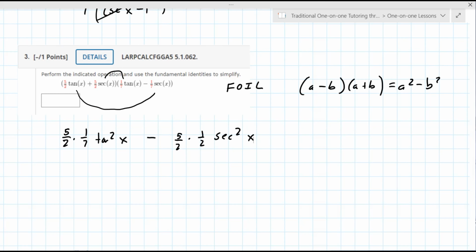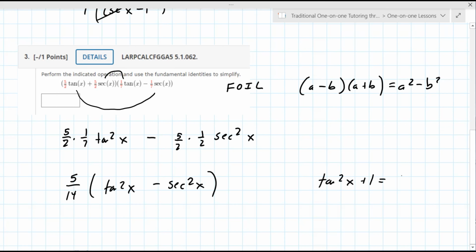So from here, we might be able to use an identity. I'm not sure at the moment. So this becomes 5/14, and you can factor it out. That's tangent squared x minus secant squared x. And then do you guys have those identities up from before? Yeah. Is it, what is it? Tangent squared x plus 1 equals secant squared x. Yes.